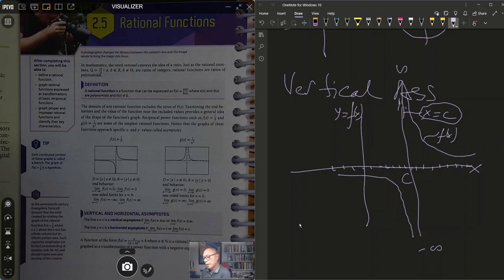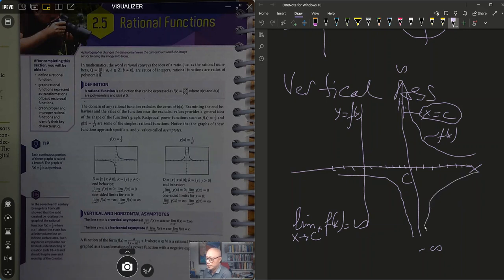We use the limit notation: x going to c plus means coming from the right, going to c from the right, the value of f(x) will be positive infinity, or could be negative too.